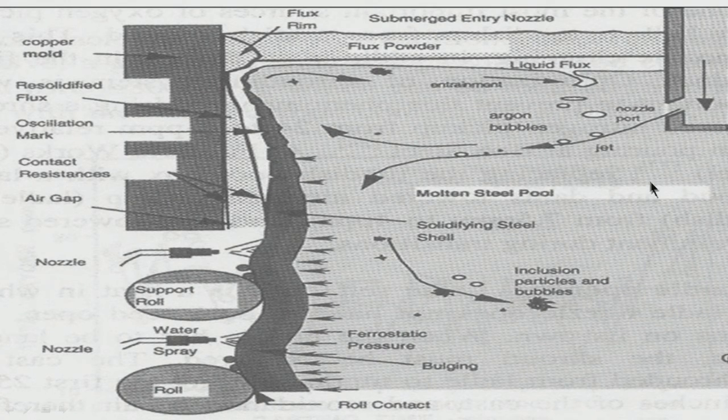So, the turbulence in the liquid steel within the mold is very important. Turbulence should not be much, otherwise there is a possibility of contamination from the liquid slag which is at the top of the liquid steel. So, there is a possibility of entrainment of liquid slag in the mold, which is not desirable. So, we have to be careful in the mold as well.